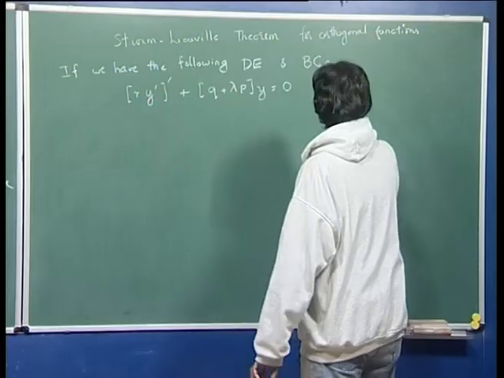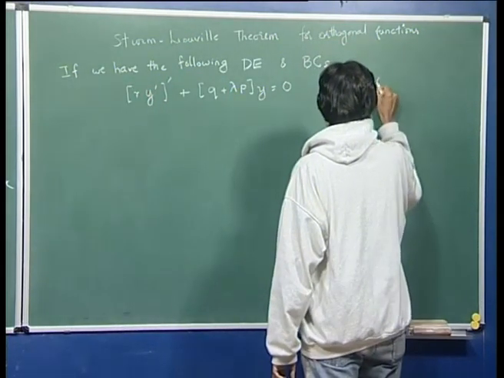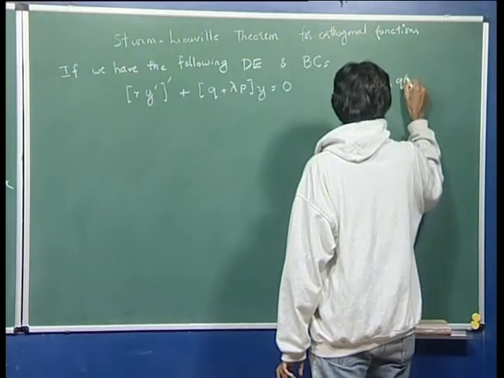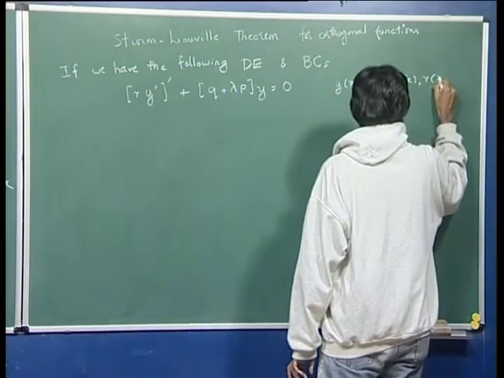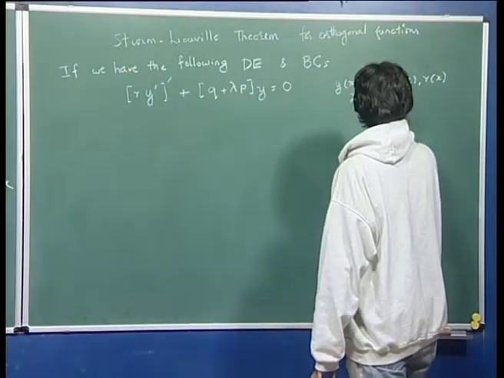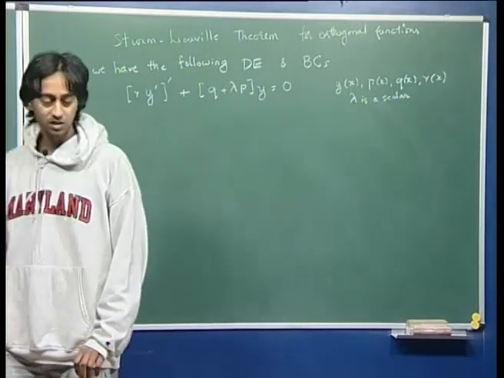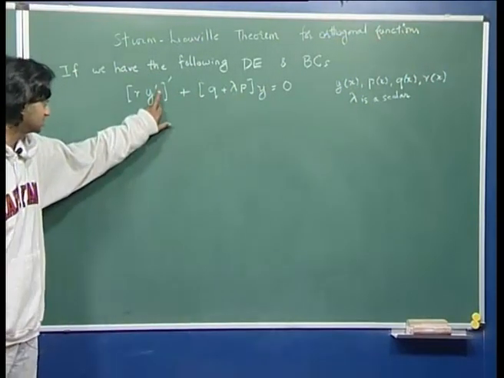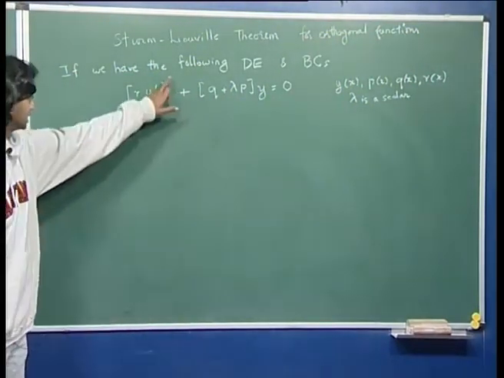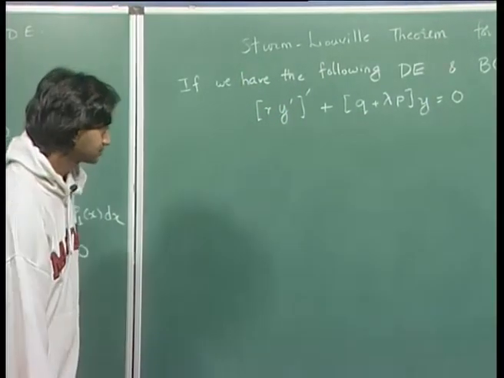Here, y is a function of x, p is a function of x, q is a function of x, r is a function of x, and λ is a constant scalar. So, y' refers to the derivative of y with respect to x, and this is r times y' the whole derivative.